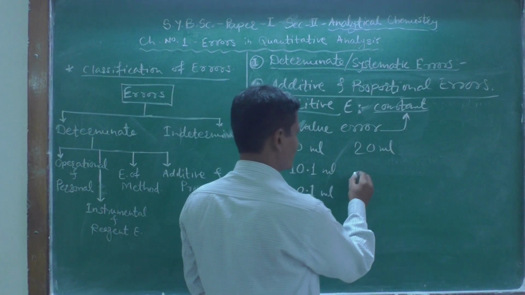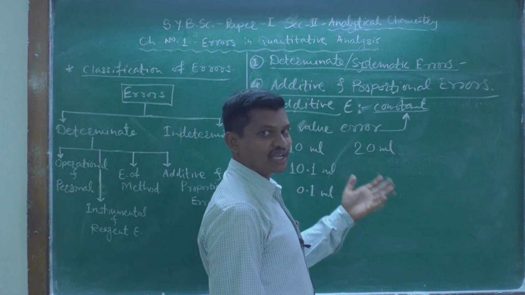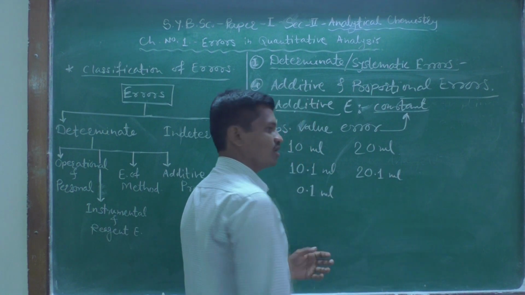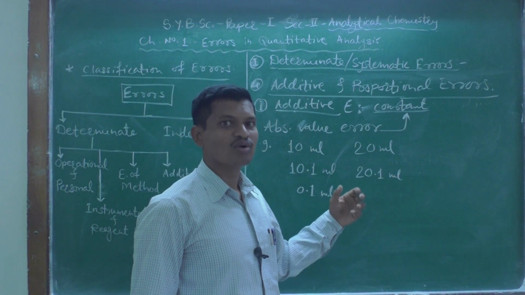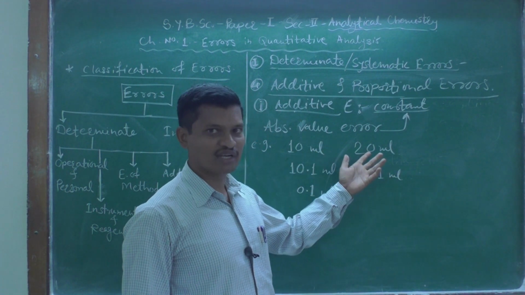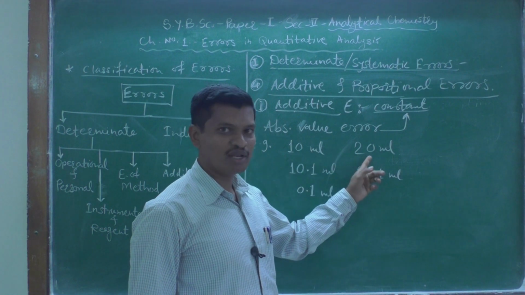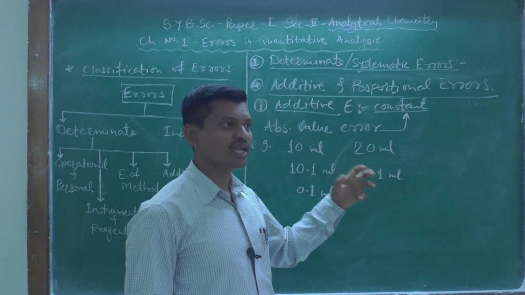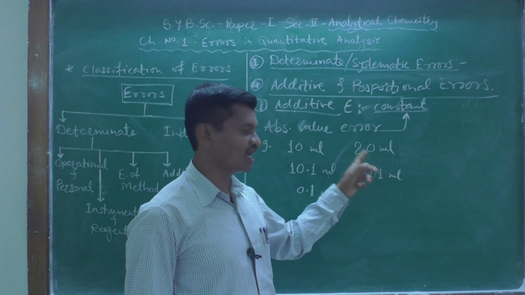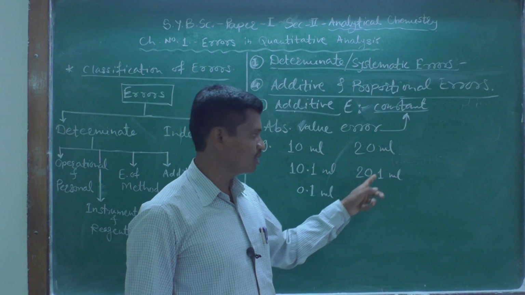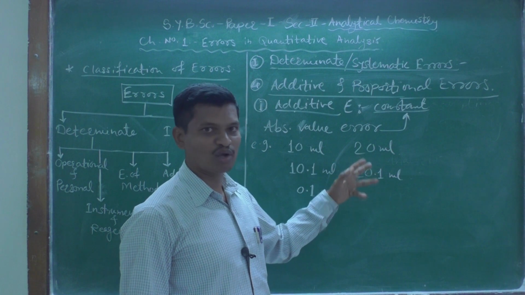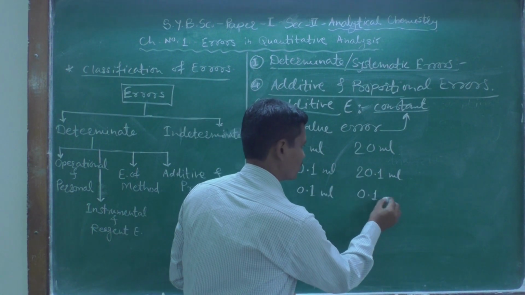If the reading obtained is 20.1 ml, it means we have doubled the volume of titrant from 10 to 20 ml, but the error is again only 0.1 ml. The correct endpoint is 20 ml, but we are getting 20.1 ml. Again the absolute error is 0.1 ml.